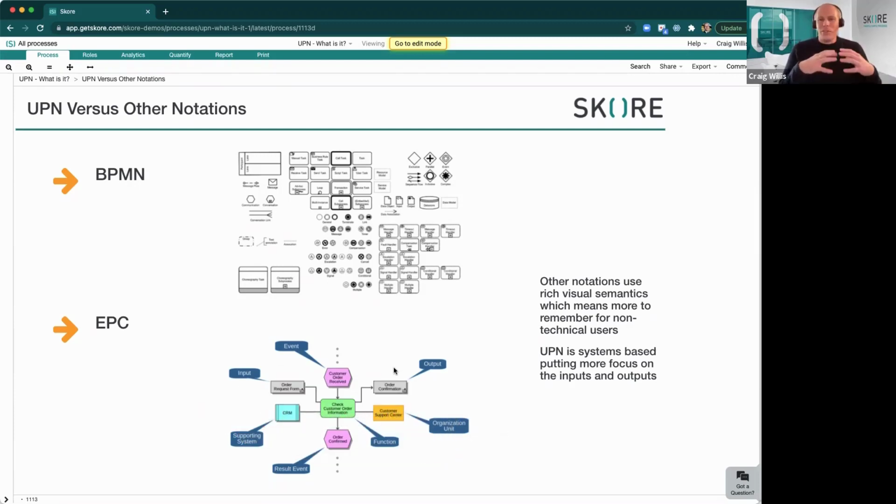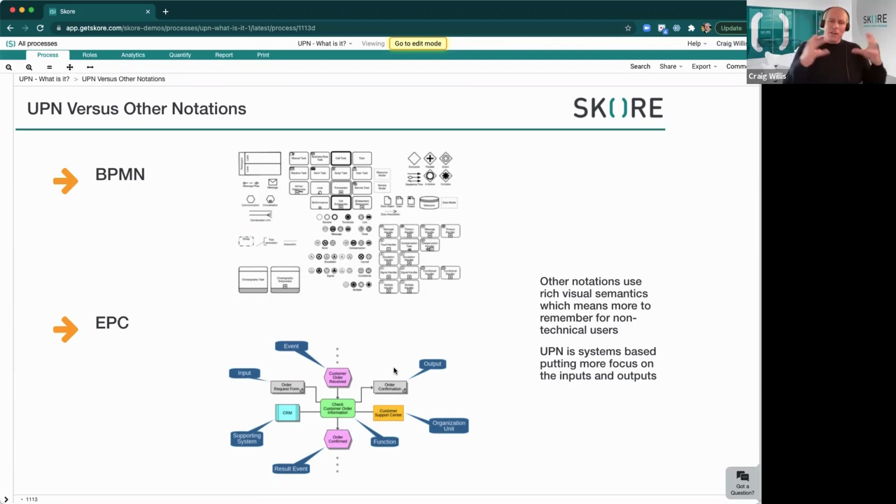One of the things you'll notice about both of those examples I put up here, and I realize one is quite simple and the other is really just the palette, is that they are very rich visual semantic languages. What that means is they have gone with the visual nature of describing lots and lots of different types of events, activities, and interactions that take place within any given process.